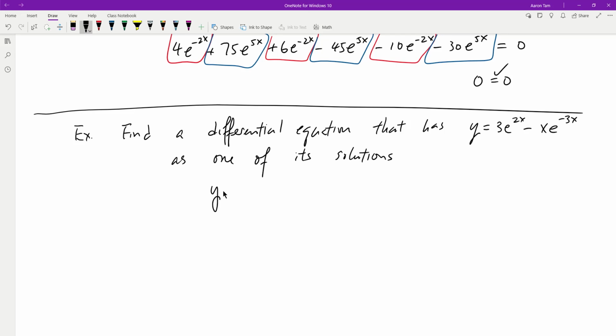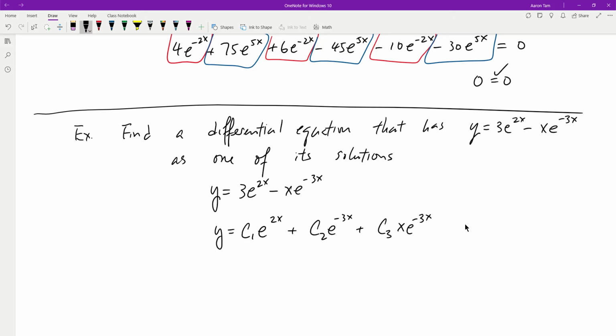So in this scenario, we can imagine our general solution would be something like this. Because they have an x, it automatically means that it has to have a term where there's just a single negative 3 as a root.